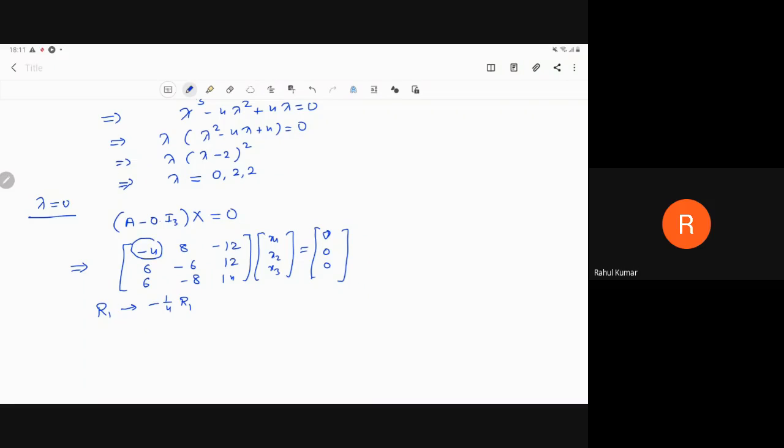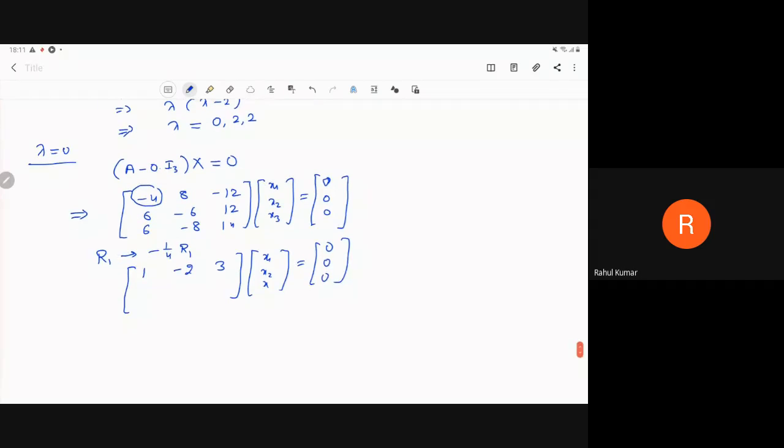If I multiply the first row by minus 1 by 4, I will get 1 here. So minus 1 by 4 means it is 1, minus 2 and this is 3. No need to think about the other side because there are zeros only. So write 0, 0, 0. Others as it is.